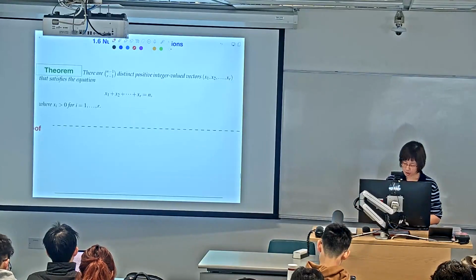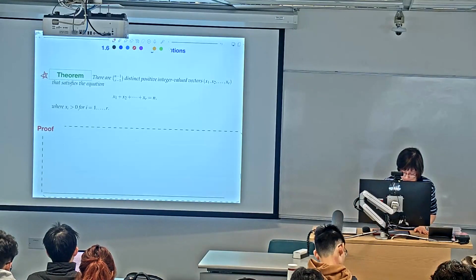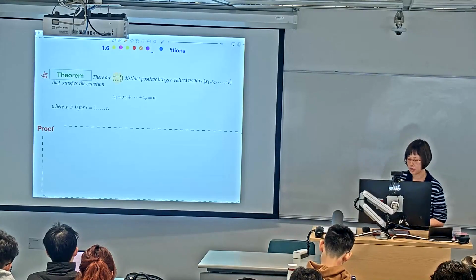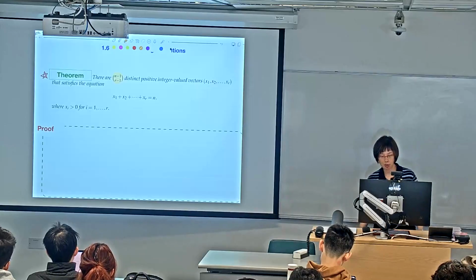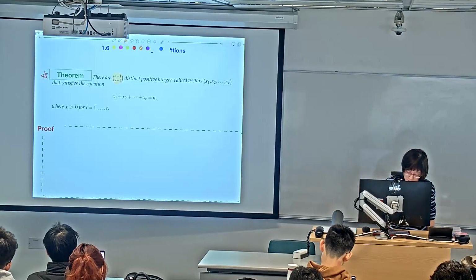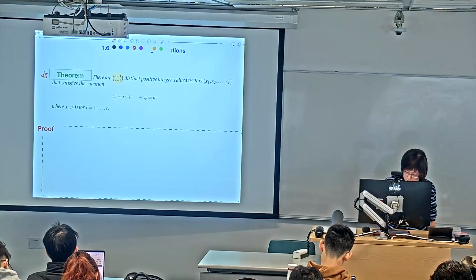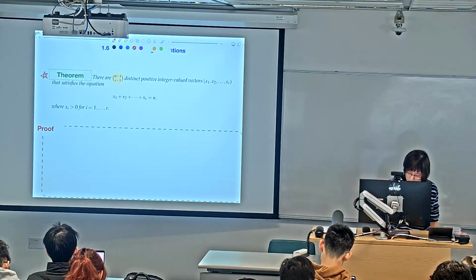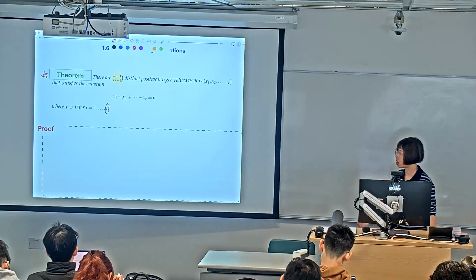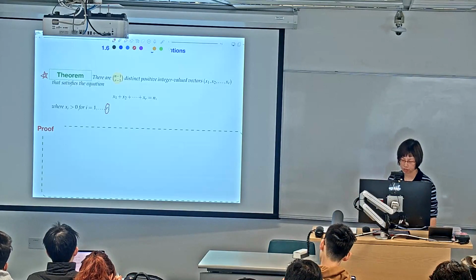So in this number, n-1 choose r-1, this r represents the number of summands. You have x1 to xr, the number of variables in this equation.